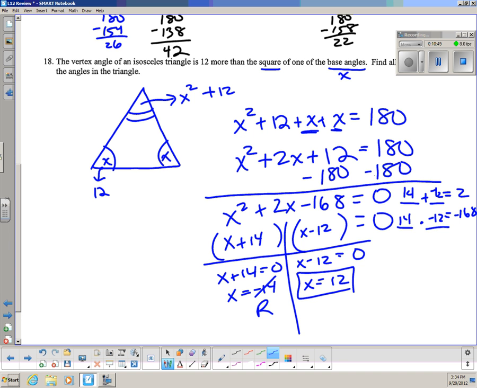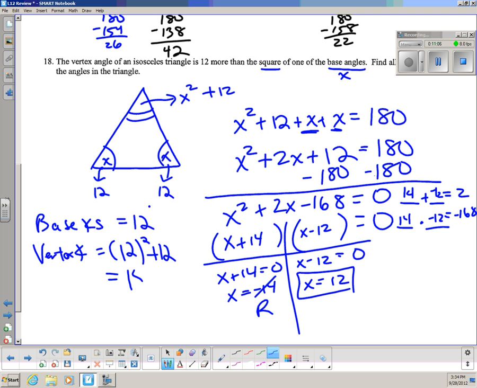So the base angles are 12 apiece. And the vertex angle is 12 squared plus 12, which is 156. Final answer.